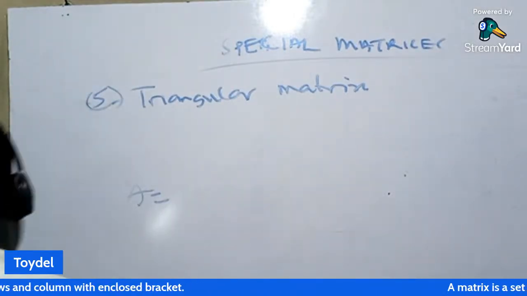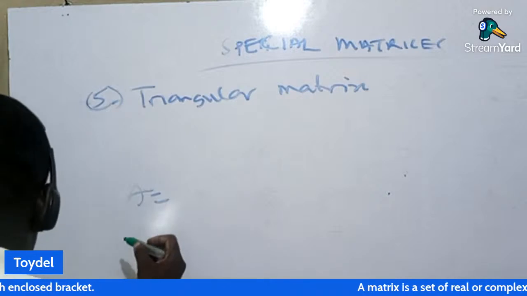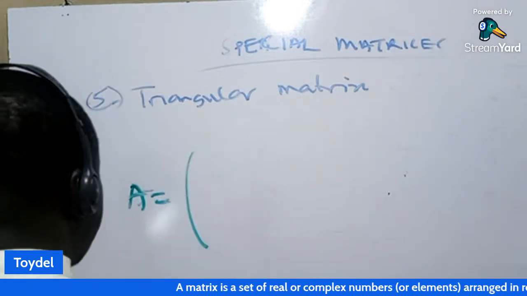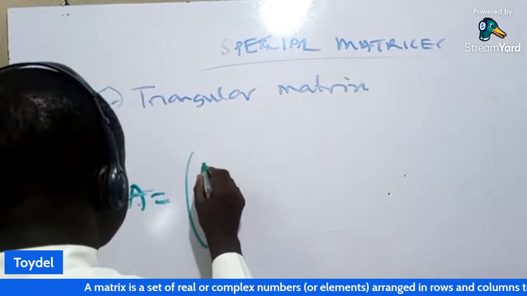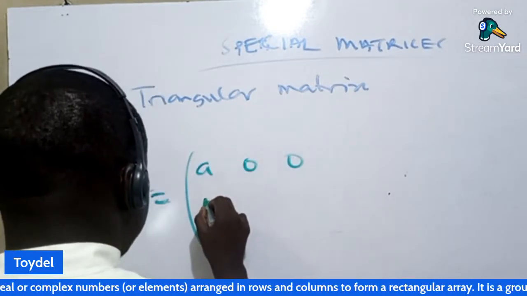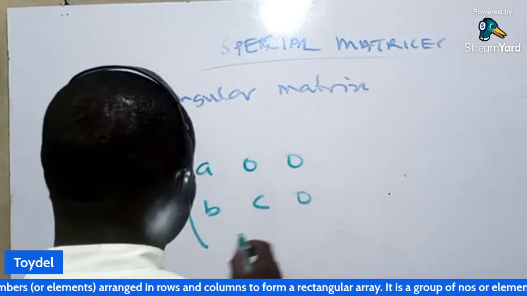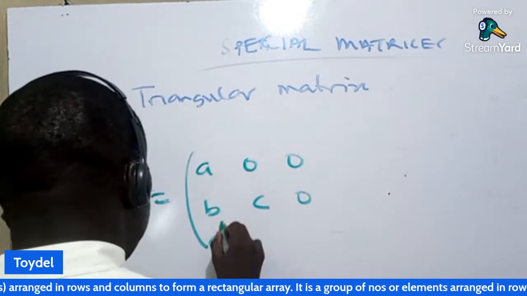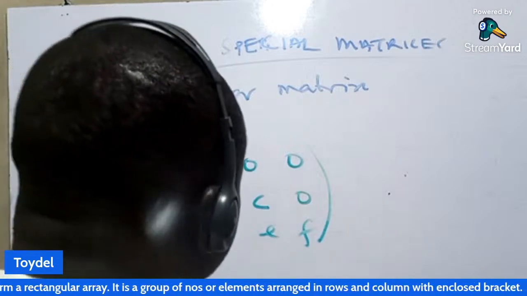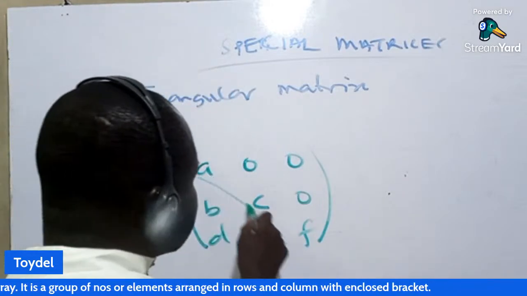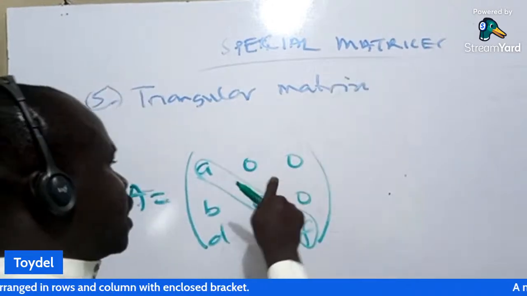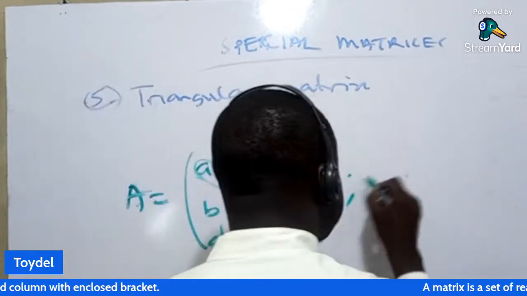Let me introduce matrix A as, let's say, A, 0, 0, then B, C, 0, then D, E, F. If this is matrix A, you realize that along this principal leading diagonal, all the entries above it are 0. Let me give another example.